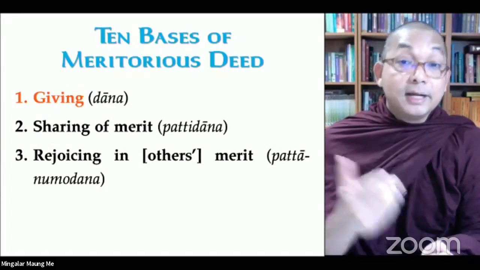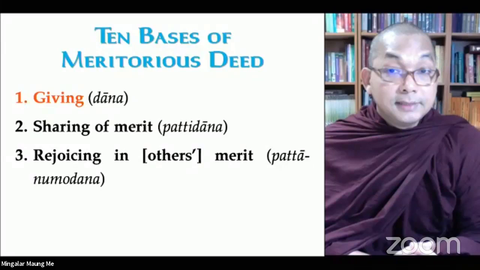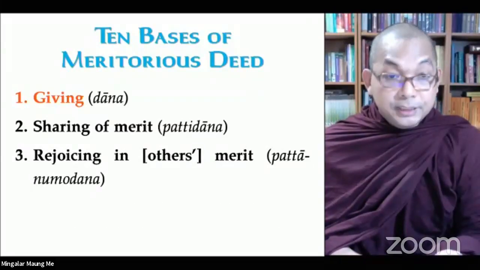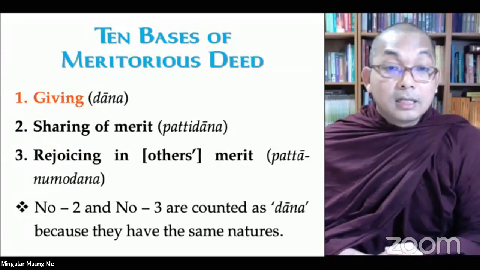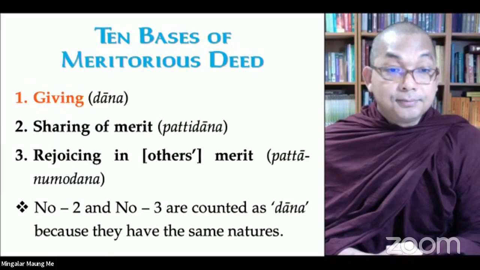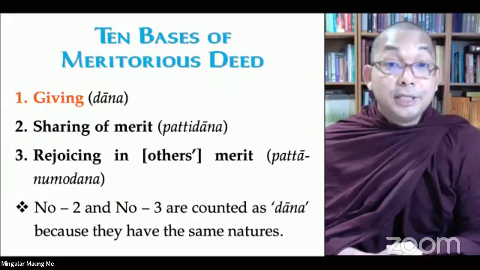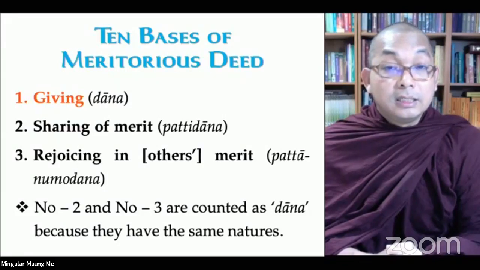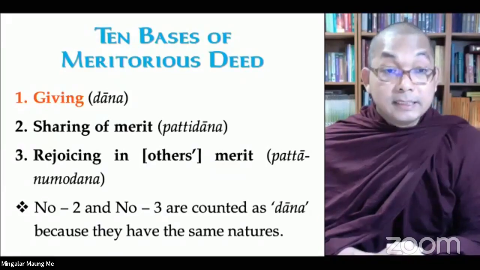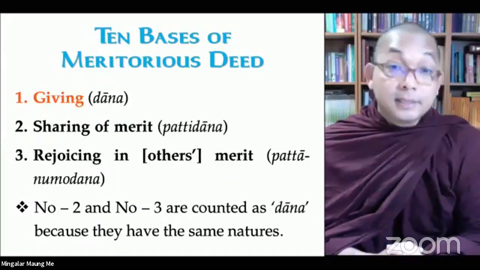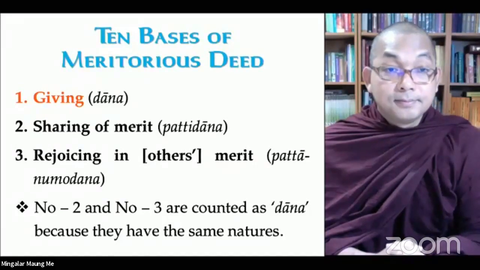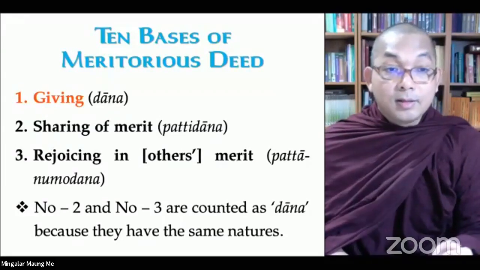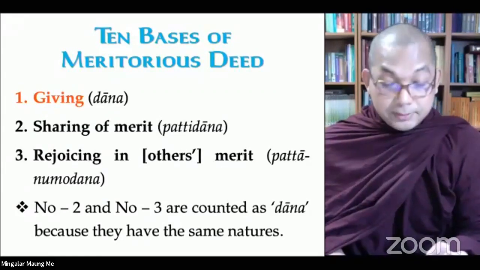Rejoicing in others' merit is a good deed. These three are counted as dana because they are connected with dana. After doing dana, mostly you share the merit and rejoice in others' merit. So this is called the dana group.